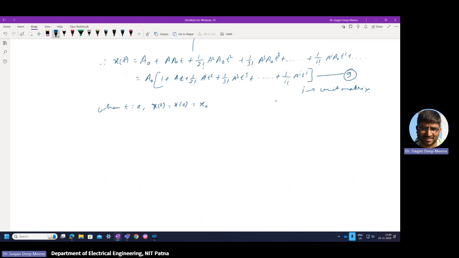So from equation number 9, when t equals 0, we get x of t at t equals 0, which is x of 0, and that is nothing but A0. Okay, that is your equation number 10. Now if we combine equation numbers 9 and 10, we are able to write A0 equals x0.